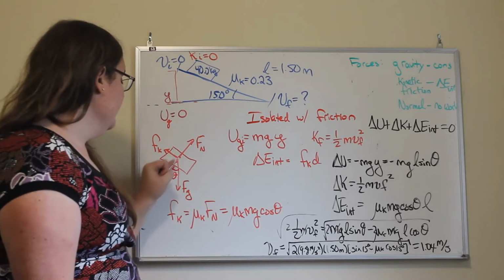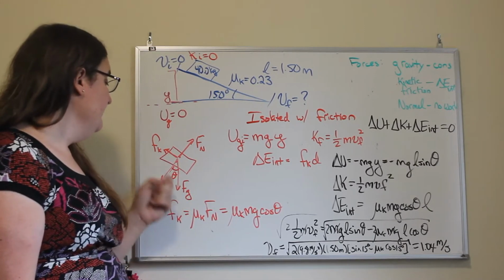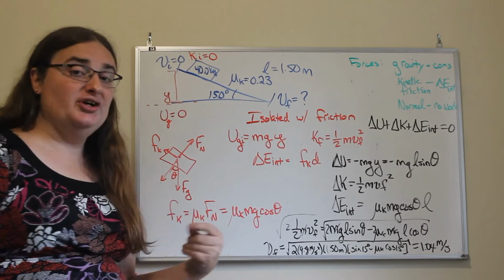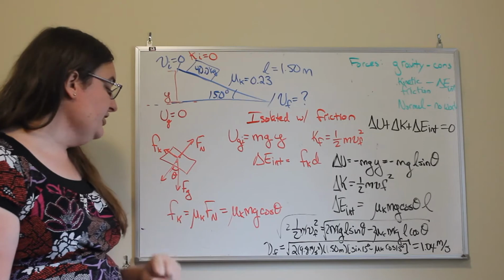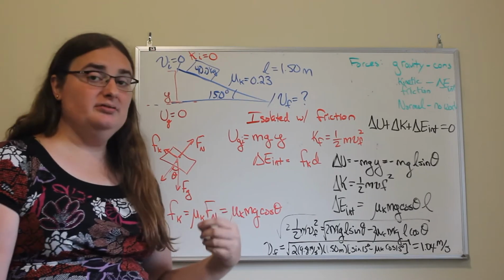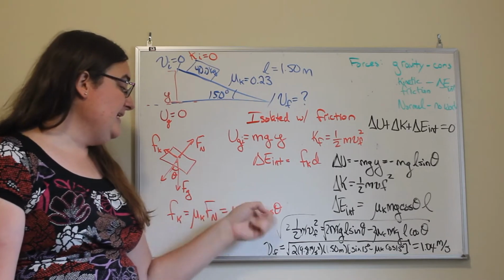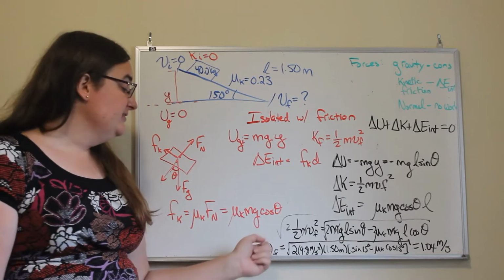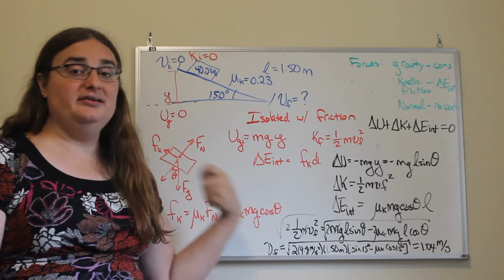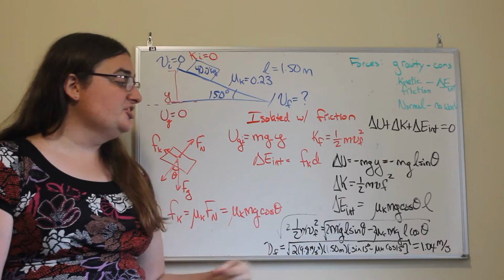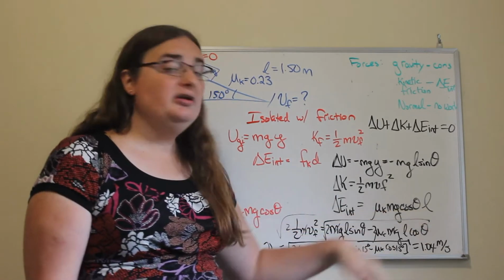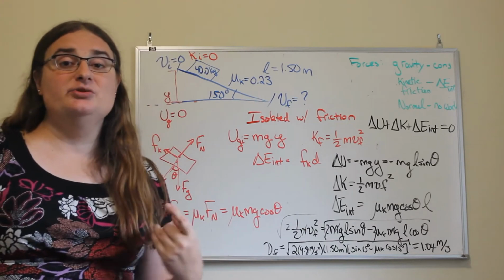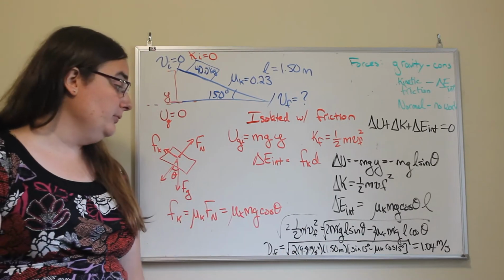Well, this perpendicular component of the weight is just the weight times the cosine of that angle theta. So that means our force of kinetic friction is going to be our coefficient, mu sub k, times the mass times gravity times the cosine of the angle of the ramp. So to get our change in internal energy, we take our force of kinetic friction and multiply by the distance, which is just the length of our ramp.